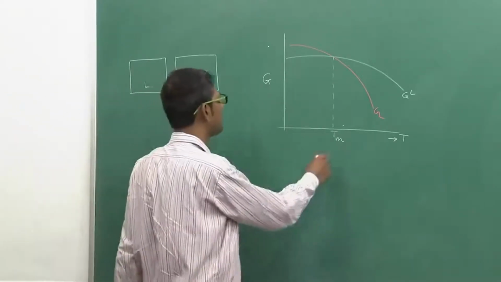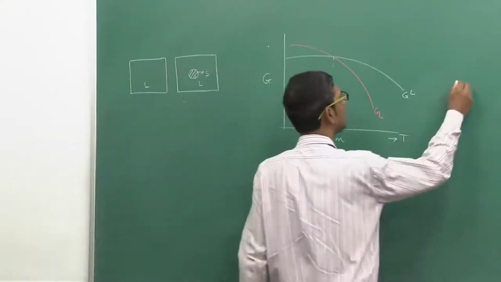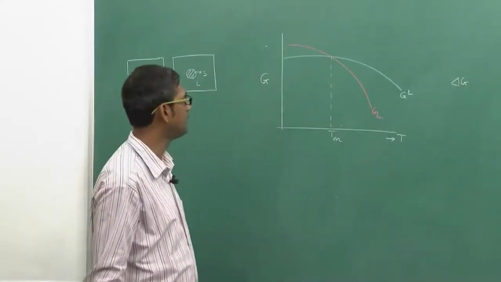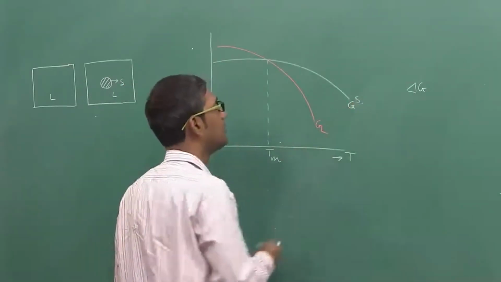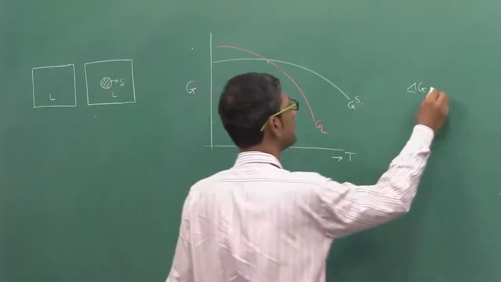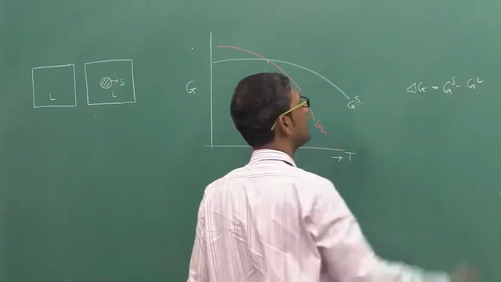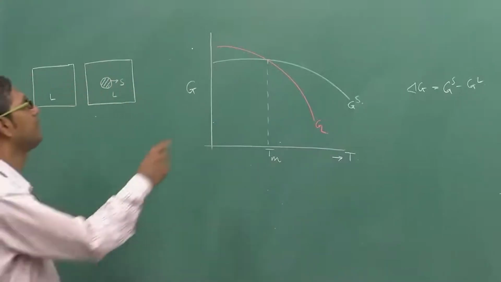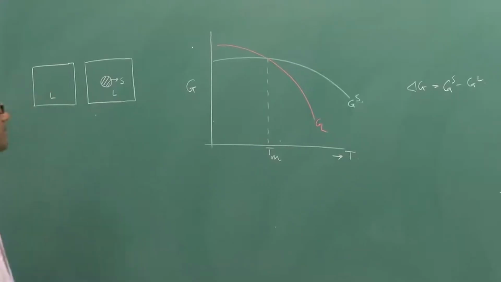Because at the melting temperature these two free energies cross over, the delta G, which is the difference of the free energies of the solid and liquid, is zero there. If I write down Gs minus Gl, that difference is 0 at the melting temperature, because the values of Gs and Gl are the same at the melting temperature.